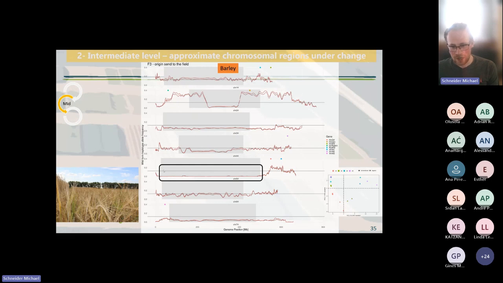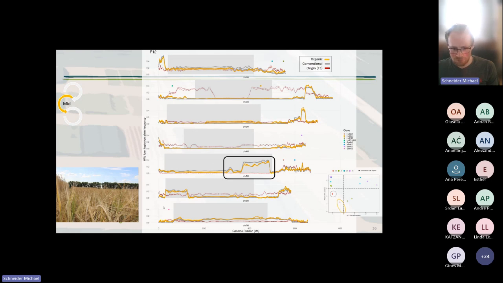This gray block in the back is a centromere, so we usually see little recombination happening here. Once again, we jump forward and we see not much happened up here, but here we see we are from 0, this red line is what we were starting from, to almost 40% here. And then we sharply go back down again to 0%.